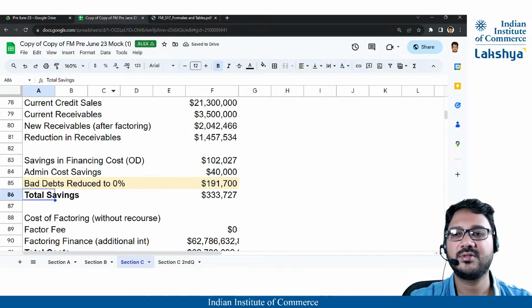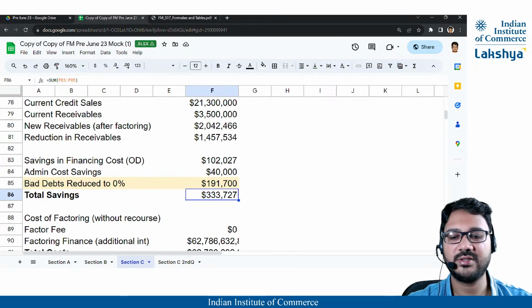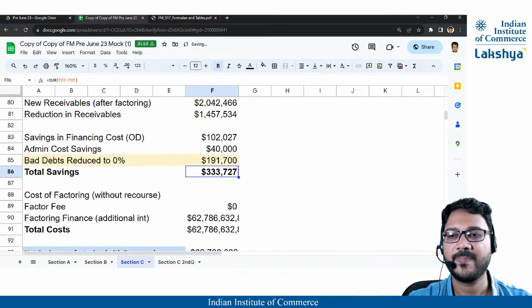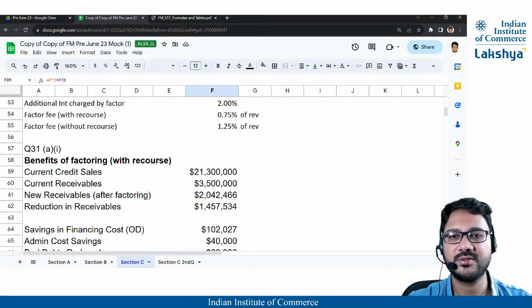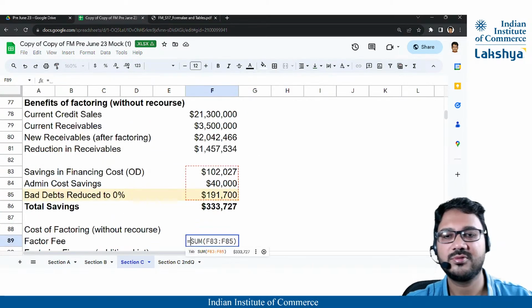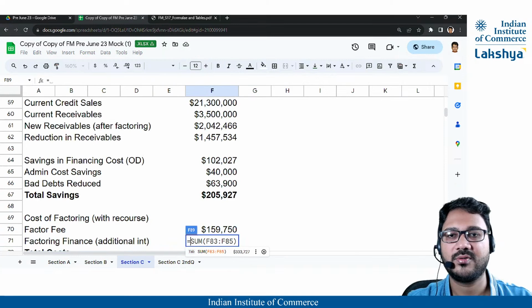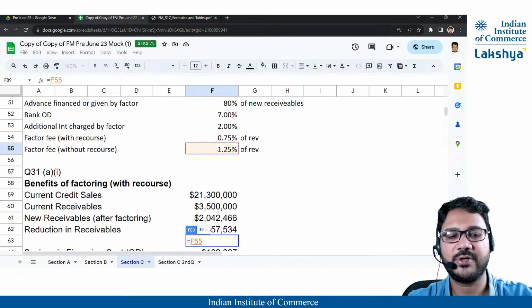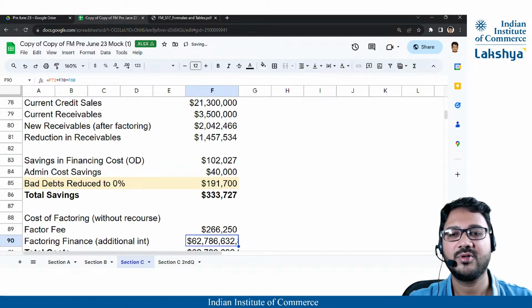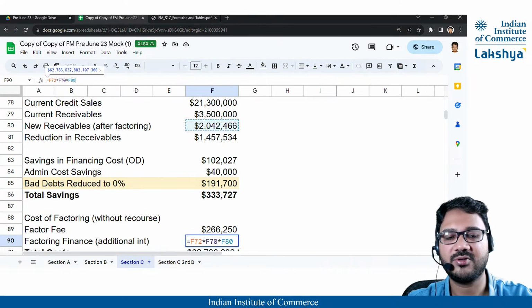All right, so your total savings turns out to be $333,000. Now your factor fee was 1.25% of the revenue. Revenue is this, so that will be your factor fee. Factor financing will be 80% of it.